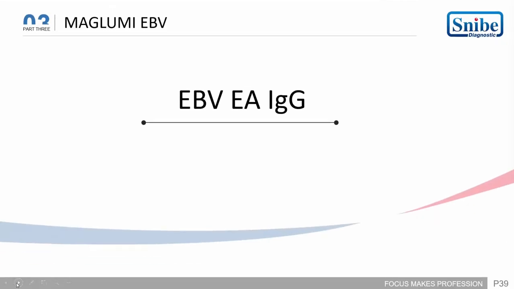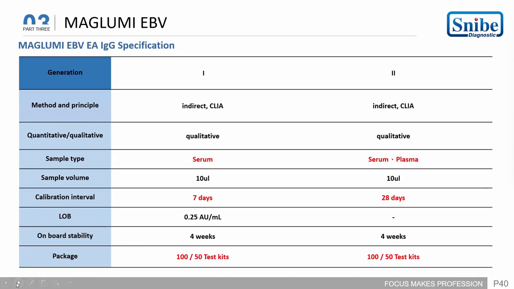So if we talk about the EBV EA IgG specification, we have two generations, the first generation assays and the second generation assays. These are both indirect chemiluminescence and quantitative assays. In the second generation, we have improved serum and plasma handling, and the onboard calibration interval or onboard stability is enhanced, with a recommended utilization of 50 tests or 100 tests within 1 month.